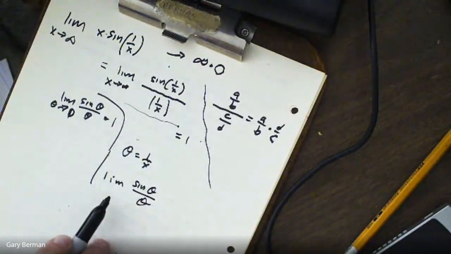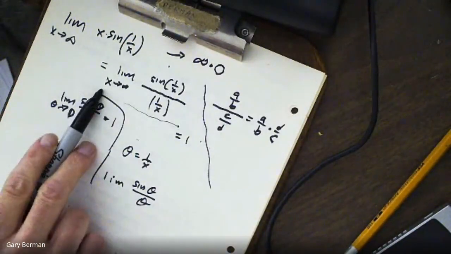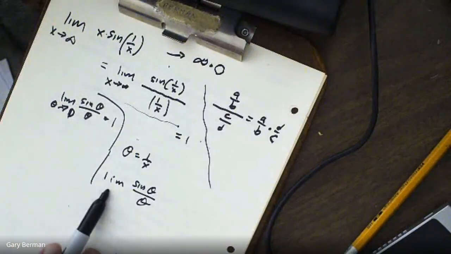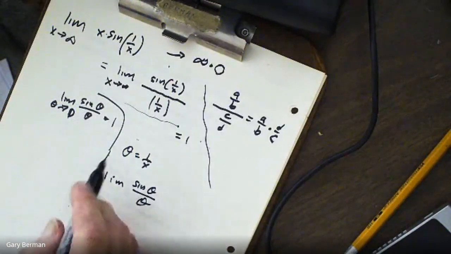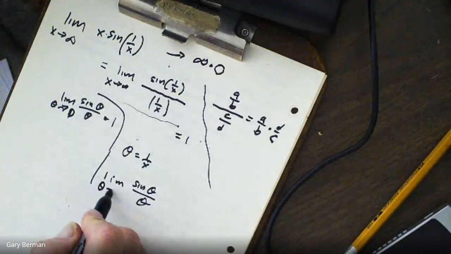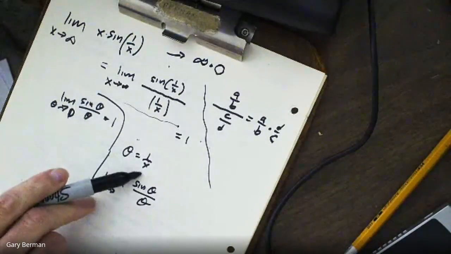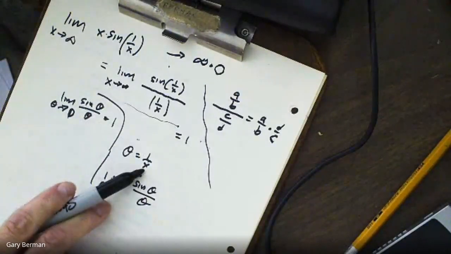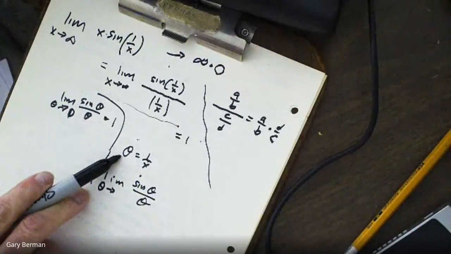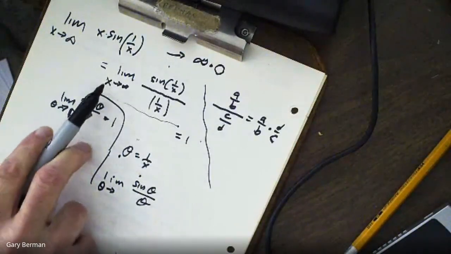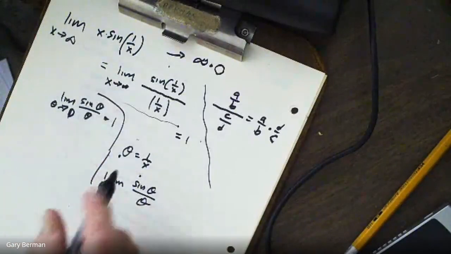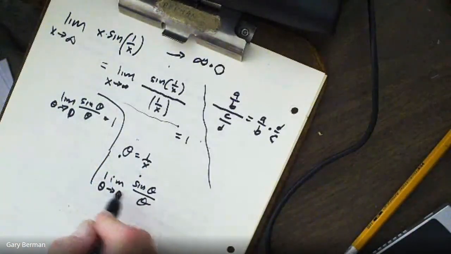The only thing is that the original limit is in x. We now have to get a limit corresponding to that for theta. Well, if we look at this equation, theta is 1 over x. As x goes to infinity, theta is going to 0. So the equivalent limit for x going to infinity here would be theta going to 0.